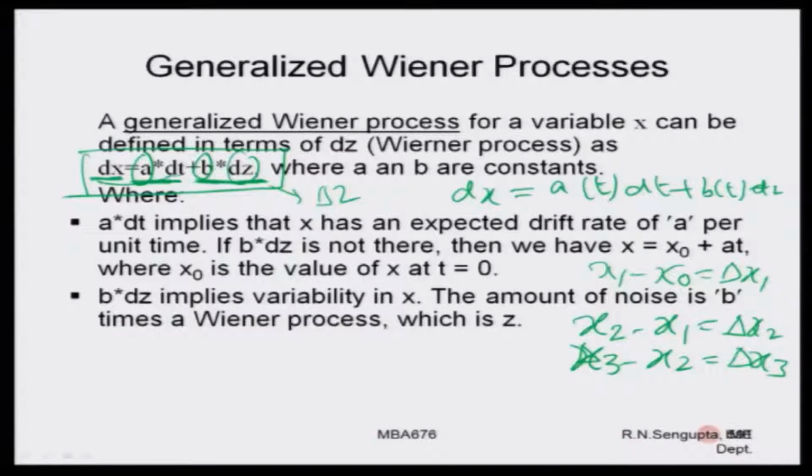So, we will have x equal to x0 plus at, where x0 is the value of x at time t equal to 0, which is known to us. As of today, we know the value.